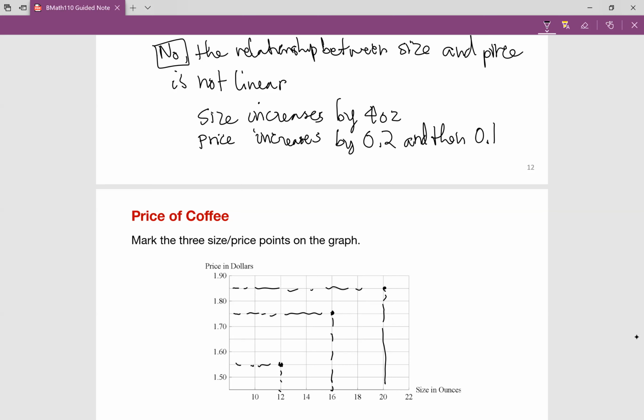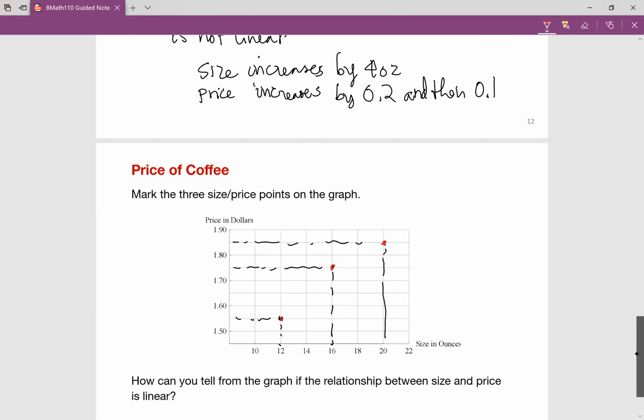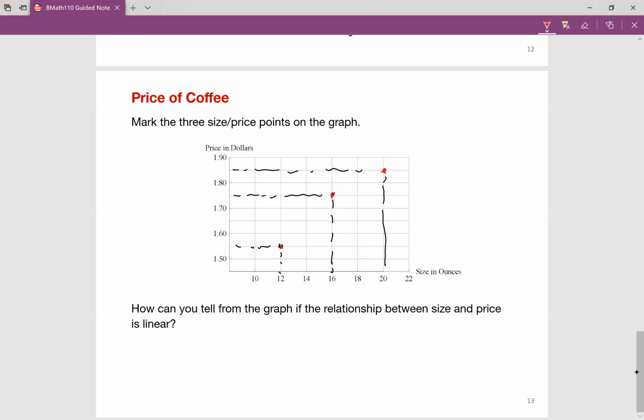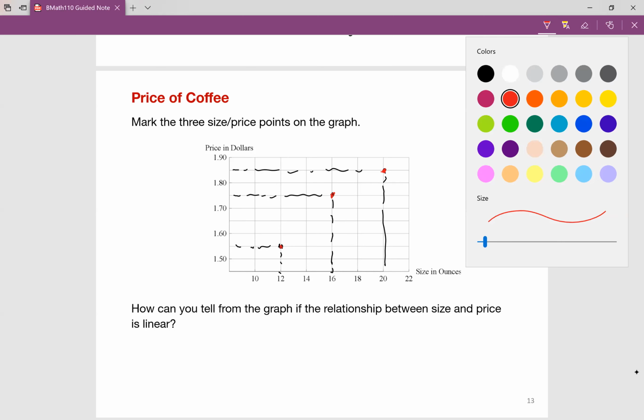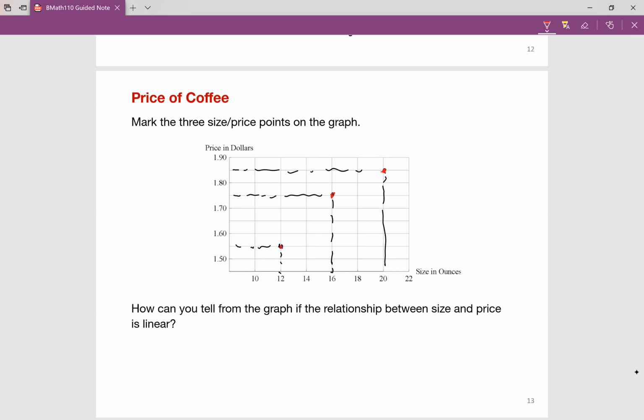So you can see that if you try to draw a line connecting all three of these points, let's see if I have a way to draw.